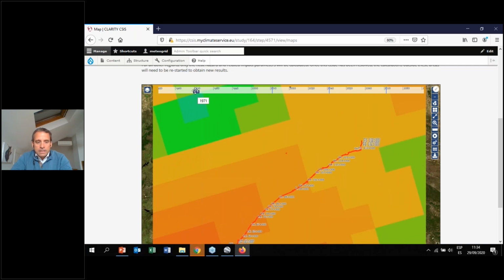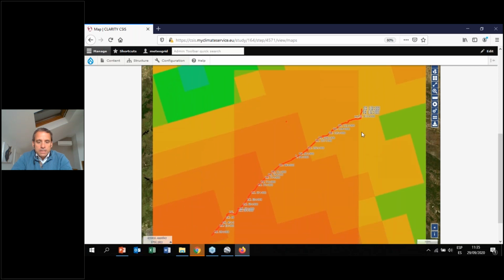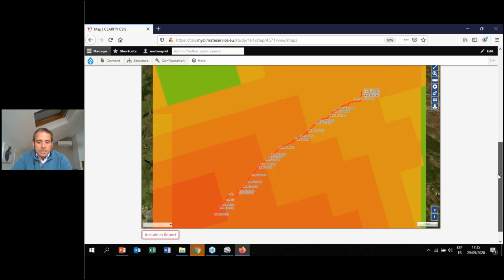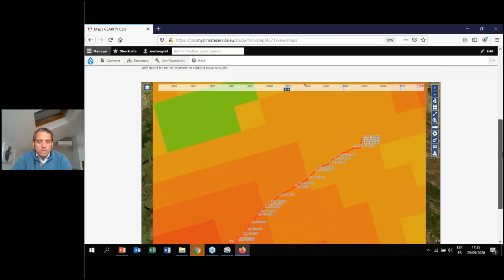And if we move just to check the variation, here you can see how the colors are changing, and we are getting higher temperatures in the estimations due to the climate change and specific for this climate index, which is the maximum temperature.